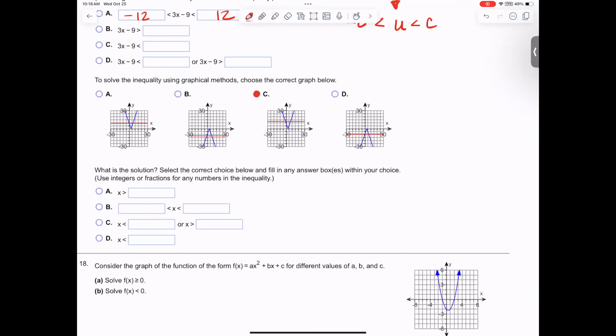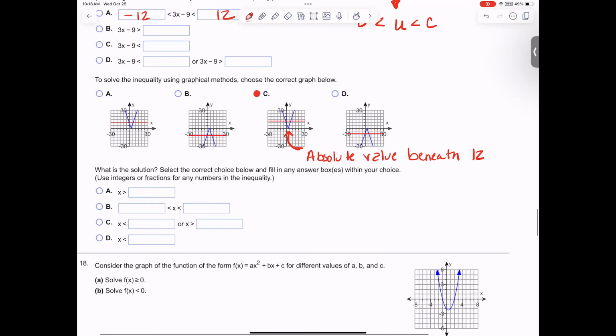Okay, so where is the absolute value beneath? It's beneath 12 between whatever those two numbers are, and I can go find the intersection. I'm just going to tell you what it is because I'm out of time.